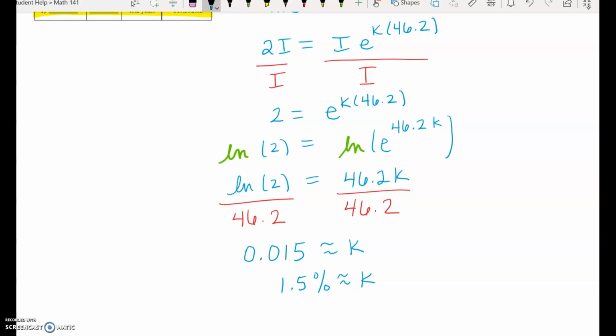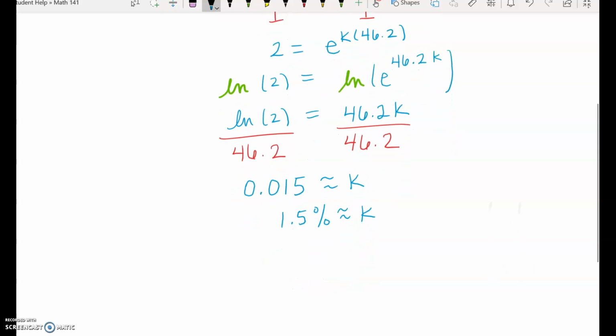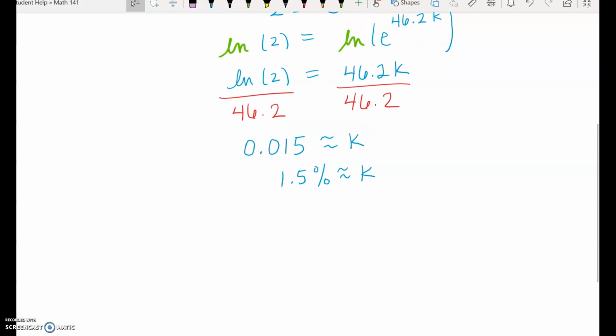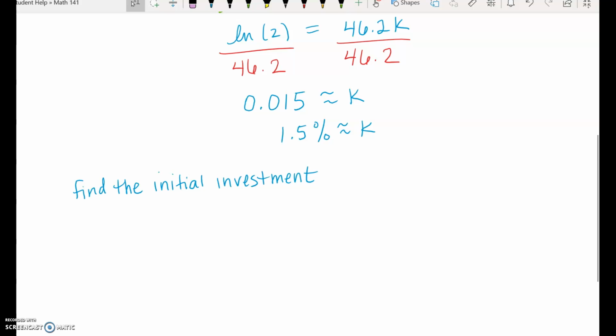So we can use that now to figure out what the original investment was. So let's find the initial investment. Going back to our original equation, we now can put 0.015 in for k.